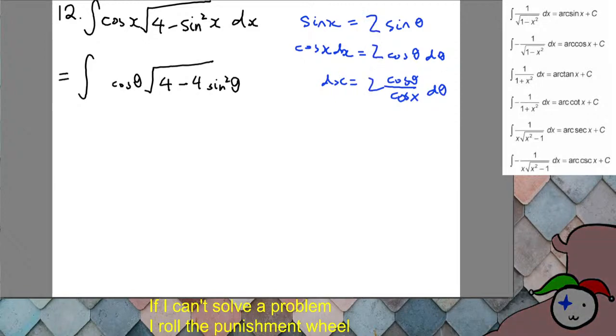And then when you square it becomes a 4. So yeah, d theta. Then you can take the 4 out, 2 times the 2 in the square root here. Cos theta, 1 minus sine square theta, which is cos square theta, square rooted.